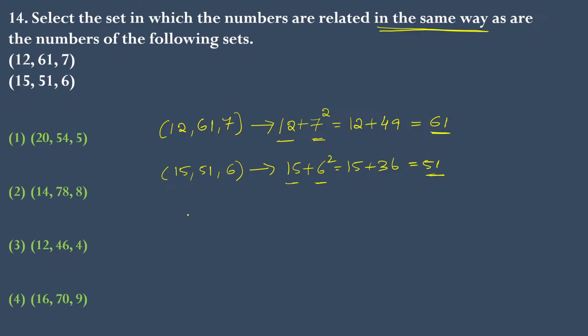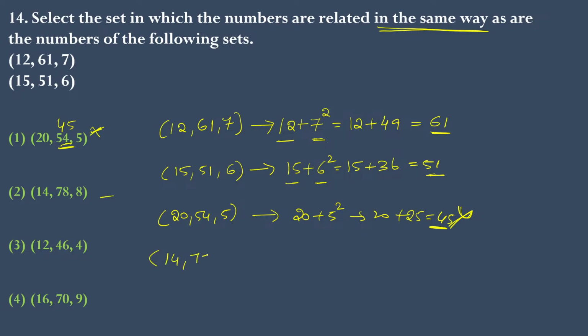Right. And see which option is there. Option 1 is 20, 54, 5. So 20 plus third number square, 5 square, so 20 plus 25 we get 45, but the middle number is 54. So this is wrong. If you see the second option, 14, 78, 8.